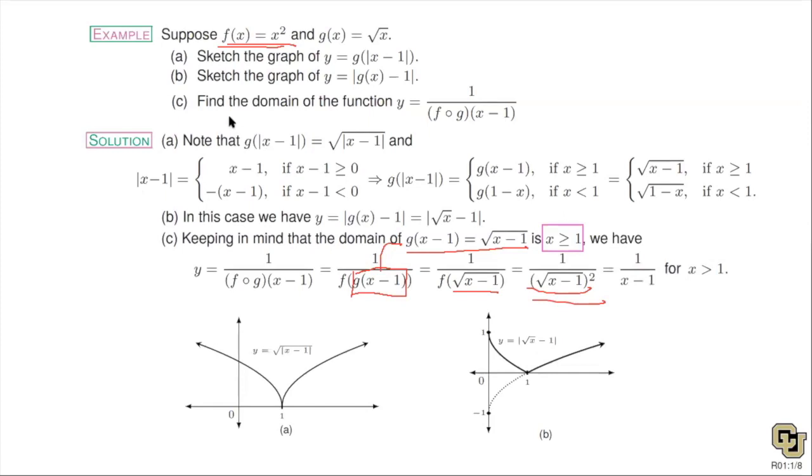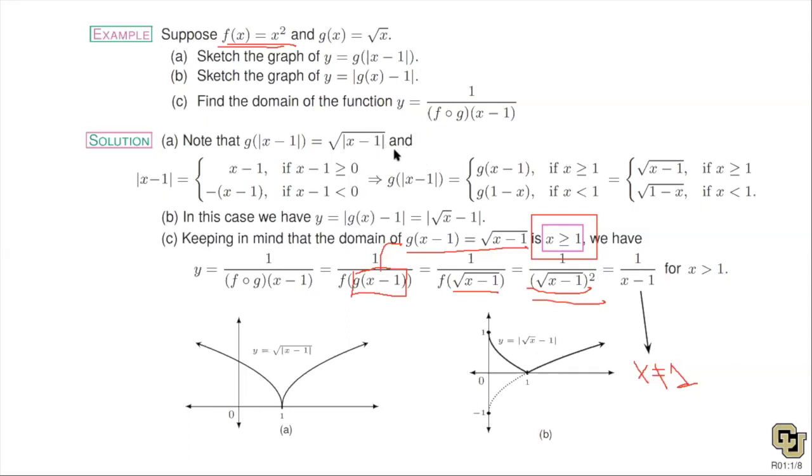Now, here's where I have to think about the domain restrictions. For this denominator, usually the domain restriction is x cannot equal 1. But in this case, we also have to take into account the domain restriction that x has to be greater than or equal to 1.